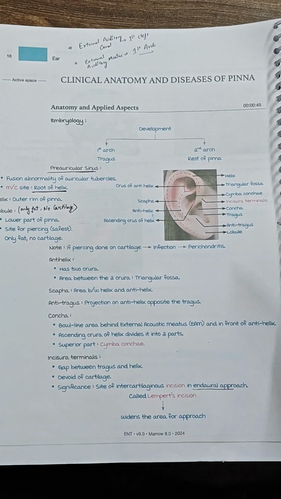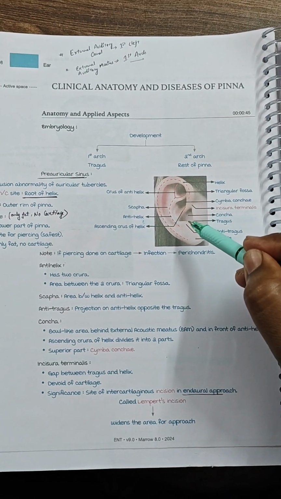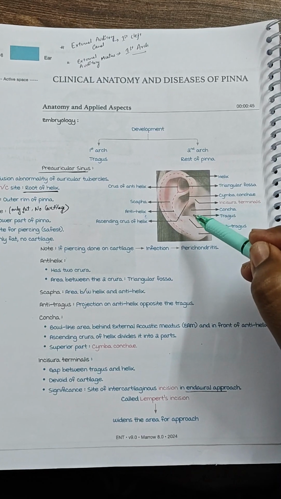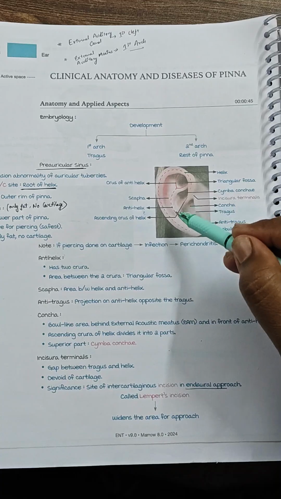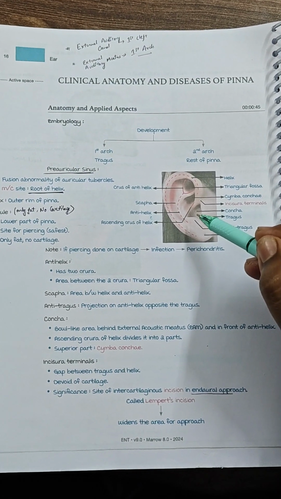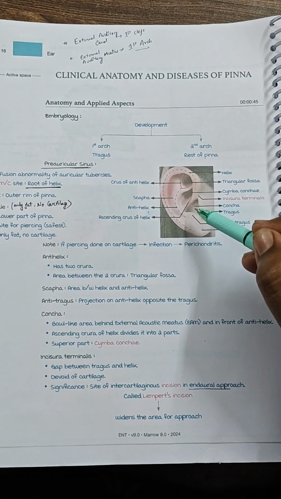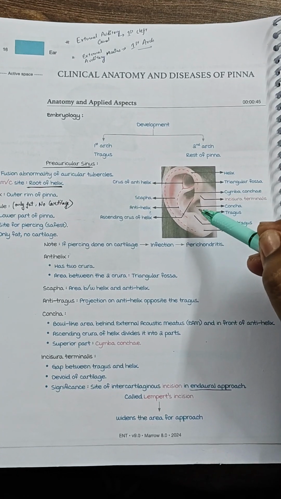Now the concha is a bowl-like area behind the external acoustic meatus and in front of the antihelix. This is the antihelix, and in front of that lies the cymba conchae, the superior part. This triangular fossa is also called concha.